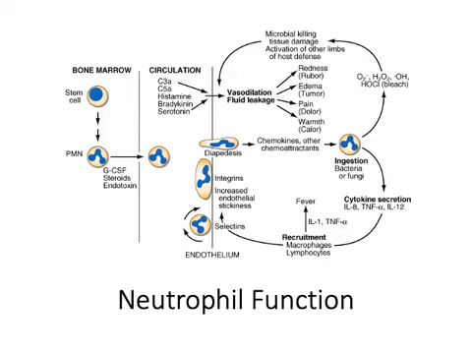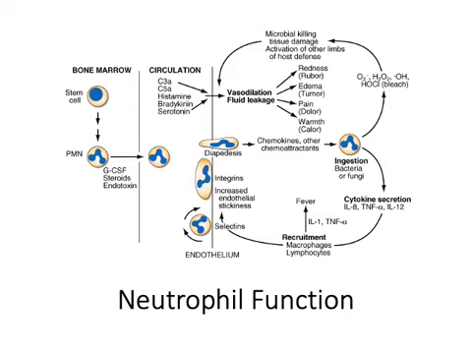Where eventually they will find this foreign material, either bacteria or fungi or dead damaged tissues, and phagocytose them. Then the microorganisms are killed and digested by means of your oxygen-dependent and oxygen-independent pathways.